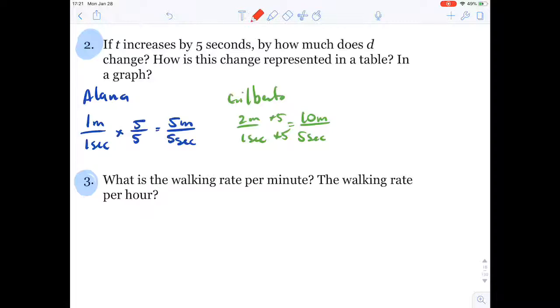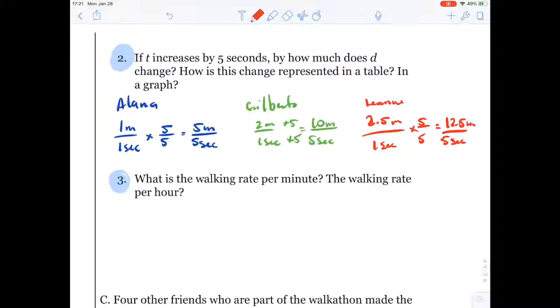And Leanne will set up the same way. Leanne will go 2.5 meters every 1 second. And we got to get to 5 seconds. And that means that they will go 12.5 meters in 5 seconds. Okay.